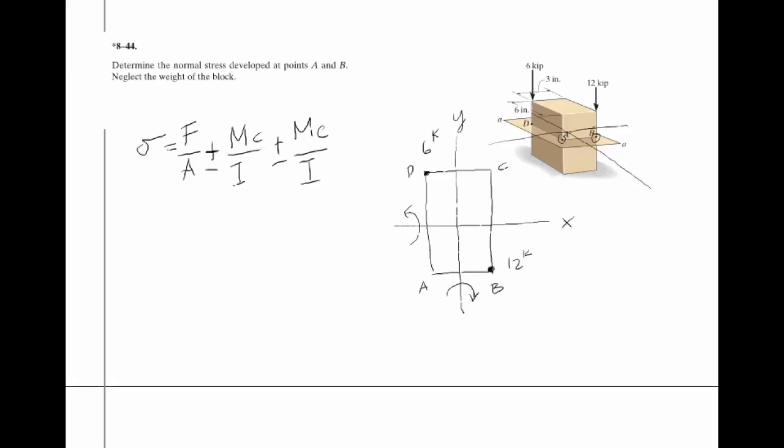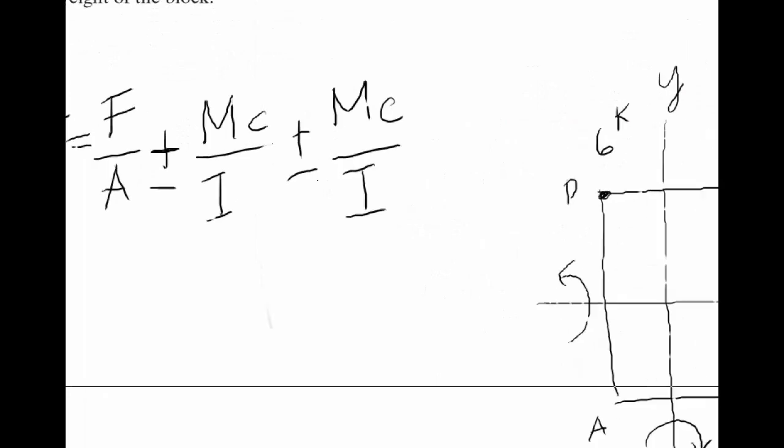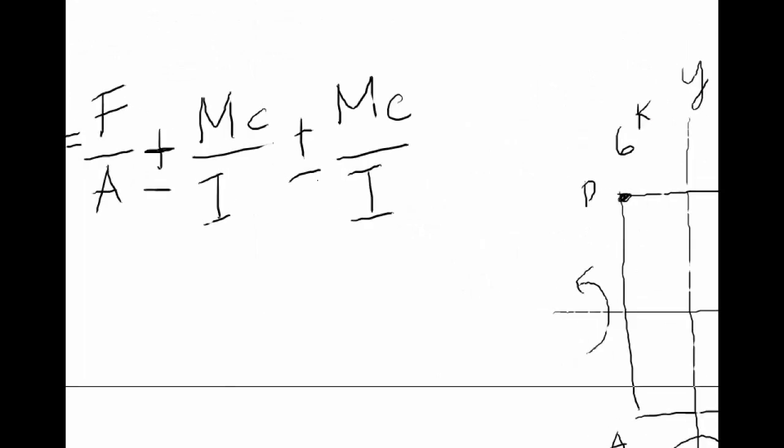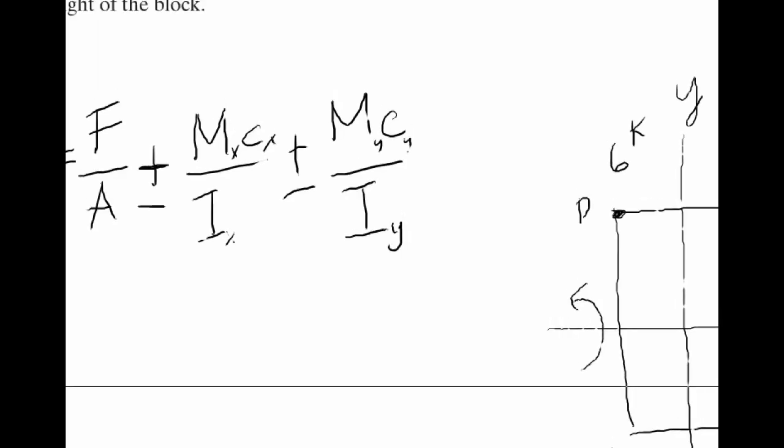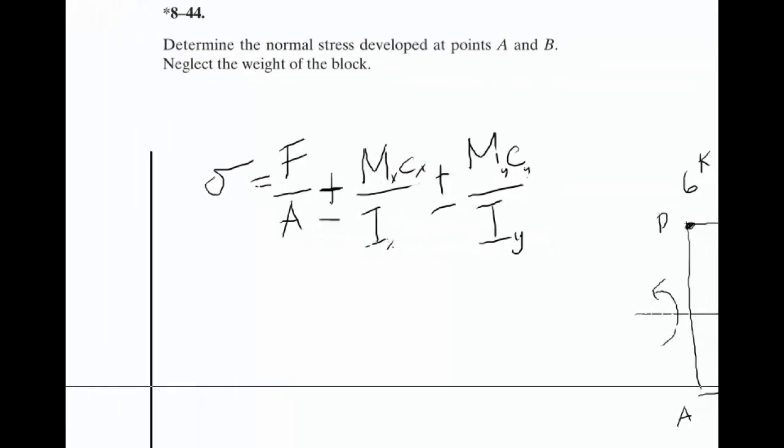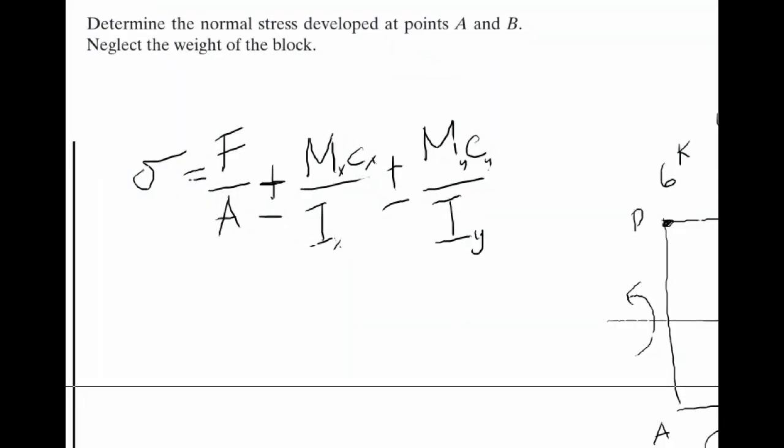And so to identify this in more detail, one would be x, x, x, and the other one would be y, y, y. And the question is, what is F?